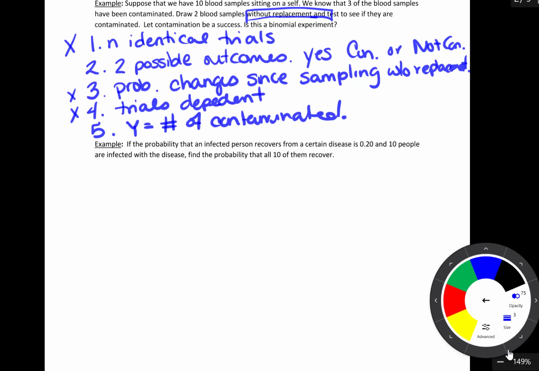So n is going to be our number of trials. So notice we're selecting 10 people, so n is going to be equal to 10. p is our probability of success. So in order to define what p is, we need to make sure we define what our success is. So let's define the random variable x to be the number who recover.